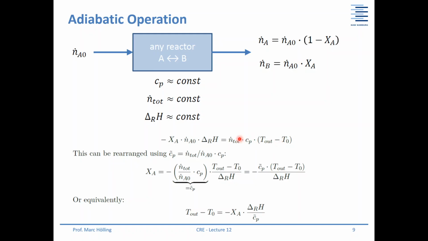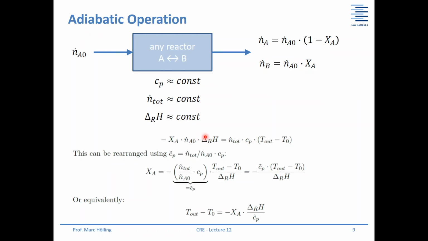And the temperature increase can be calculated if you know the total volume flow through the reactor and the heat capacity, and then here is your temperature difference. So let's have a look at the signs. Exothermic reaction, this means this should be negative. Here you have a minus, then this is a positive value, and this would lead to a temperature increase. So your outlet temperature is higher than your inlet temperature.